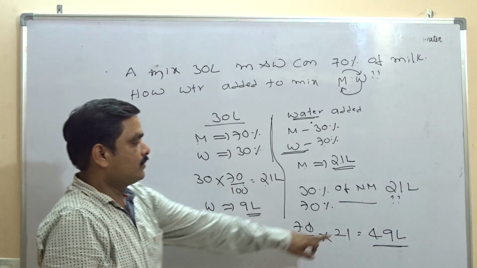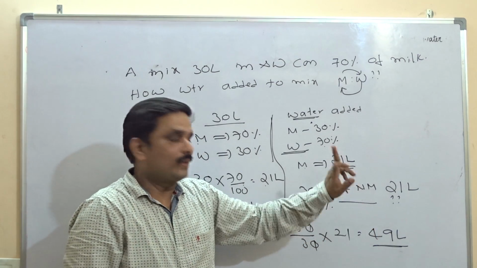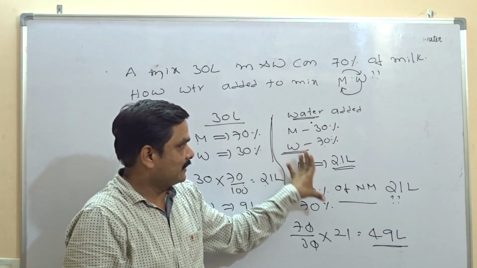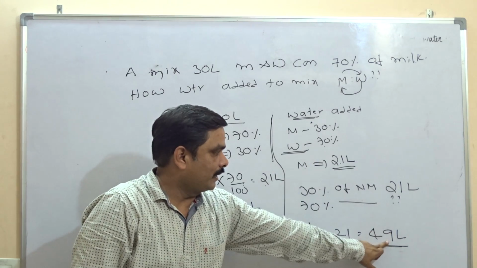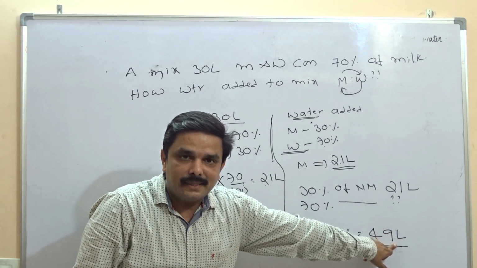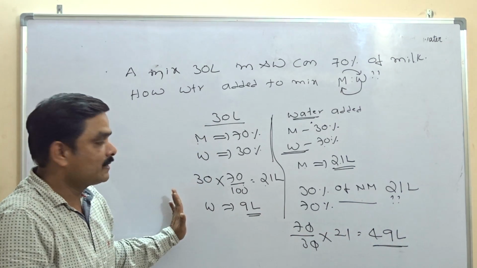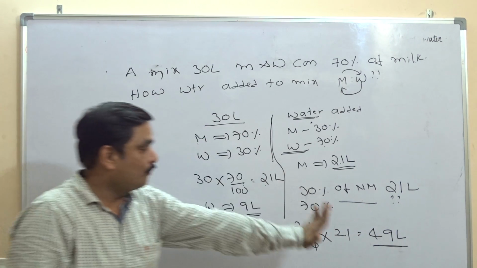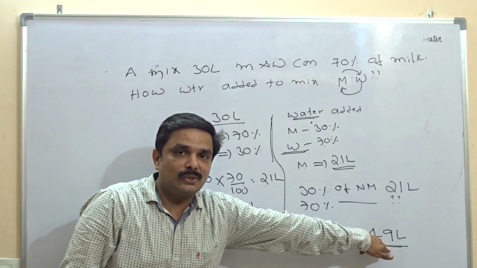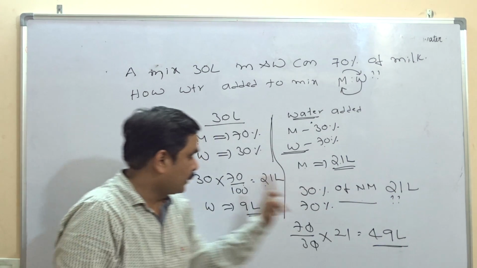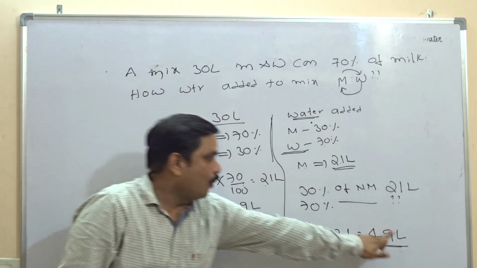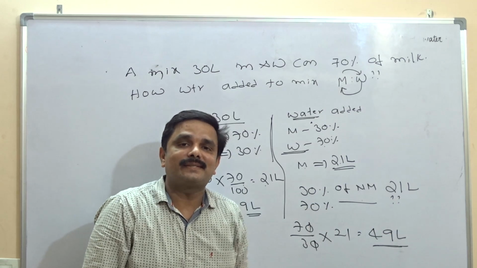What is the meaning of this 49 liters? It means in the resultant mixture, water quantity is 49 liters. The inner meaning is that after adding some water to the previous solution, water has become 49 liters.